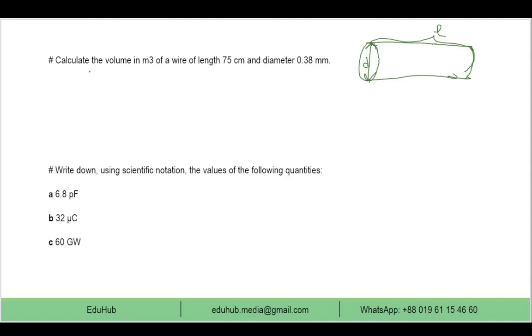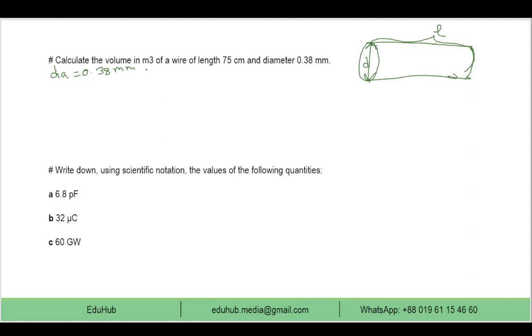So as we have to express the volume in meter cube, we need to change all the physical quantities here, length and diameter, into the unit meter. So first the dia is 0.38 millimeter.